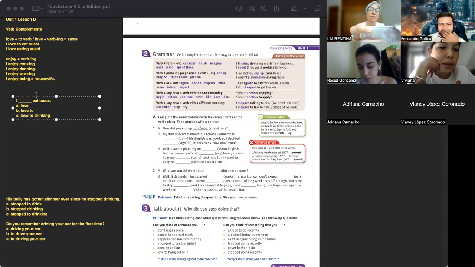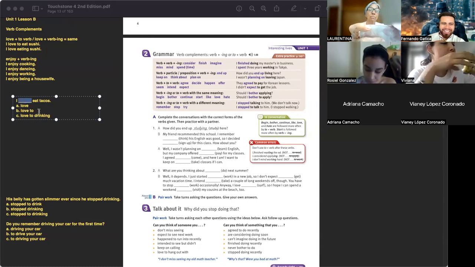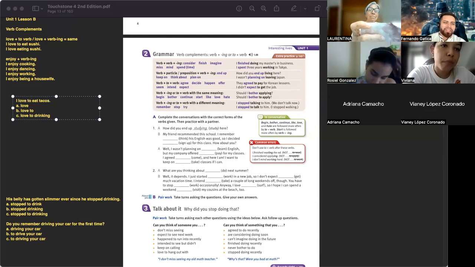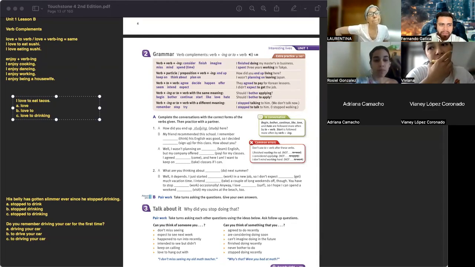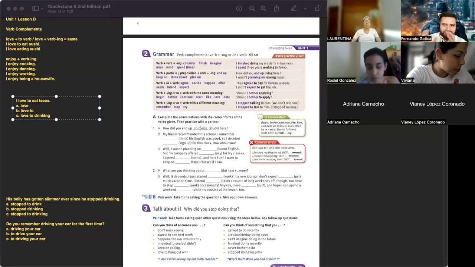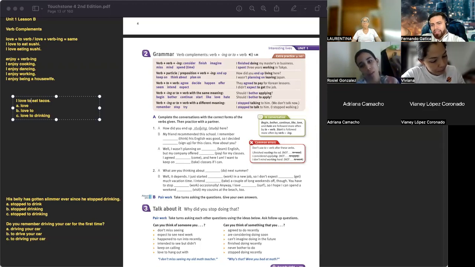B. Yes, I love to eat tacos. So remember, in Spanish, the two verbs go together: me encanta comer. But in English, you have to separate it with "to," or the second verb needs to be a gerund, -ing. Really important.